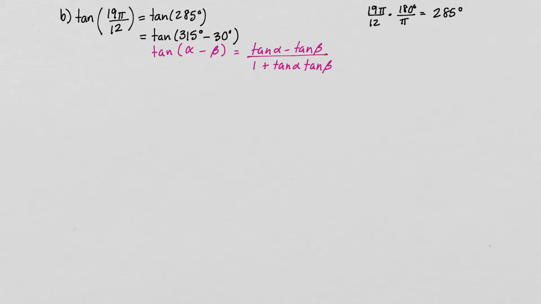So in our case, our alpha is 315 and our beta is 30 degrees. So this is going to be the tangent of 315 degrees minus the tangent of 30 degrees divided by 1 plus the tangent of 315 degrees times the tangent of 30 degrees. Okay, so what's the tangent of 315 degrees?